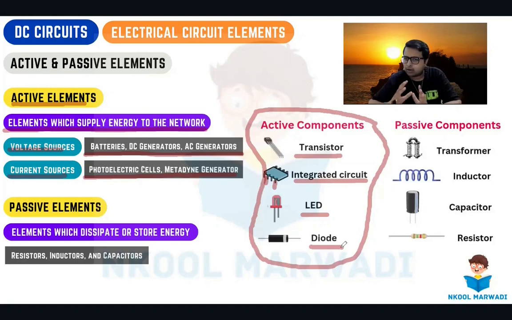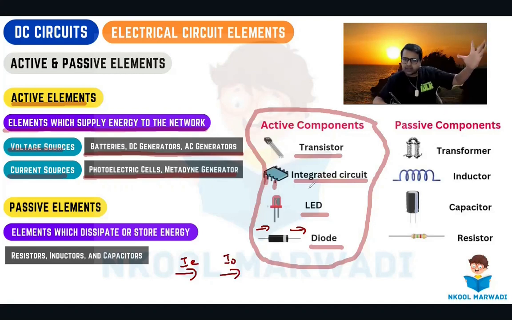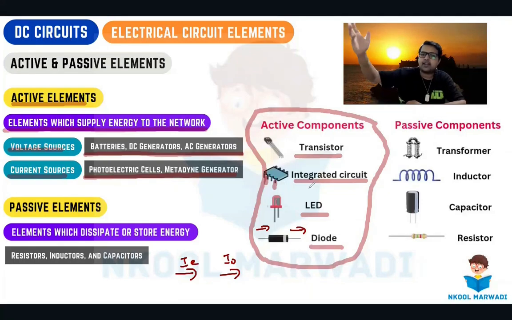But diodes also don't dissipate energy. Whatever incoming energy I have, the same outgoing energy I will have. In a transistor also, and in integrated circuits also. No heat, no energy loss will take place. In an LED also, no energy loss is taking place; it is just getting converted.